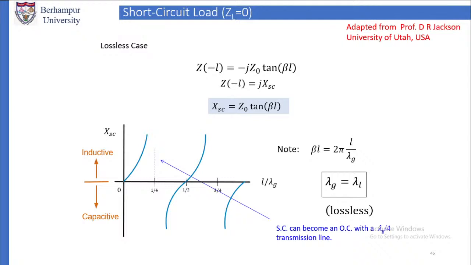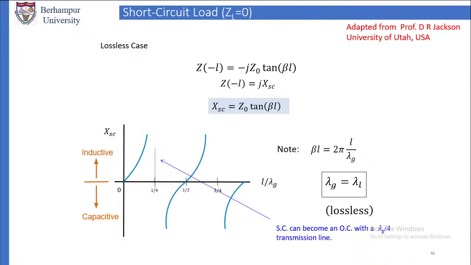Now, if I plot this as a graph, the curve of tan beta L: what is the expression for beta L? Beta is 2 pi by lambda g, therefore beta L is equal to 2 pi into L by lambda g.